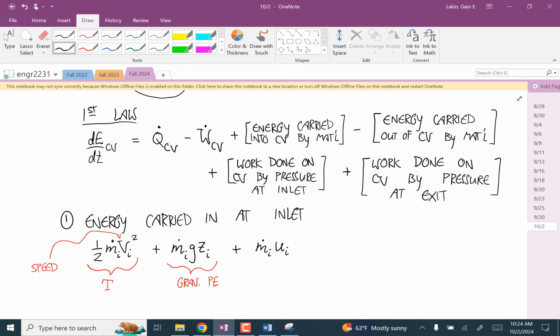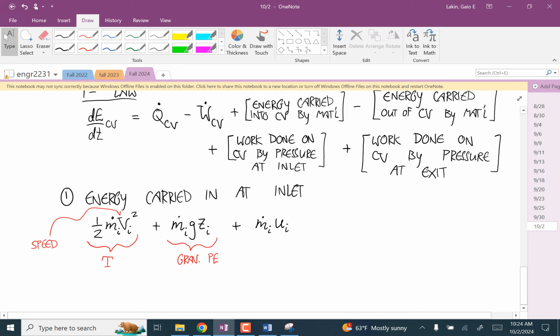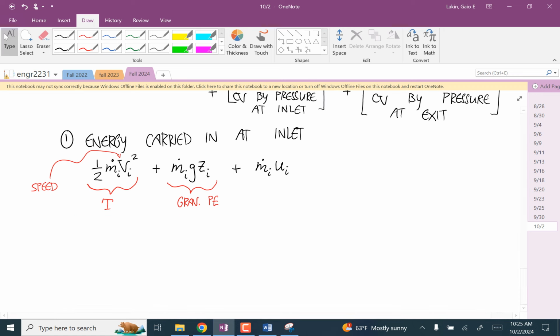So all of these are little, which is why we're multiplying by the m dot. The kinetic energy is the total, since that's just the definition of kinetic energy: 1/2 mass times speed squared. So that's the only one that's different from the unit values. The total values.